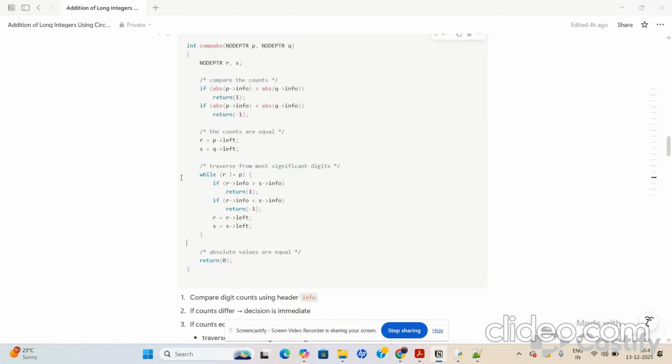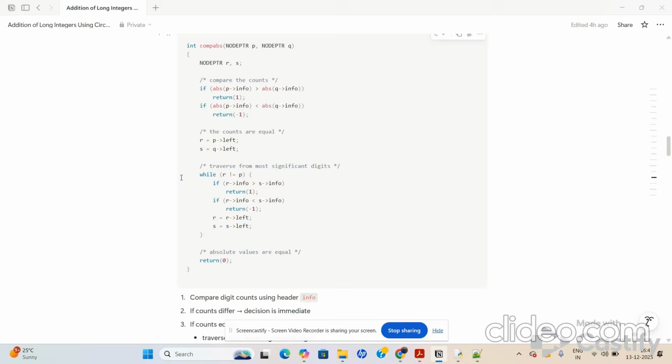So the comparison keeps on happening until we find the difference. Okay, so if the counts differ, then the decision is immediate, meaning that you either return 1 or you return -1.